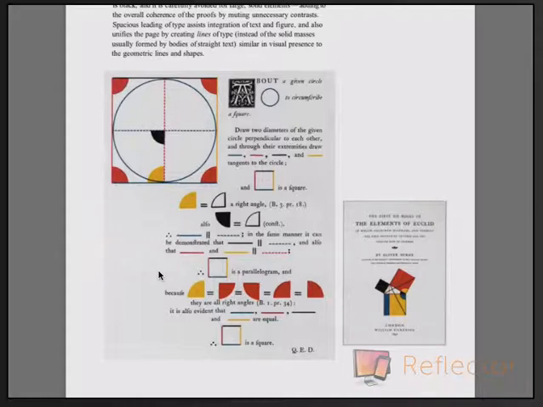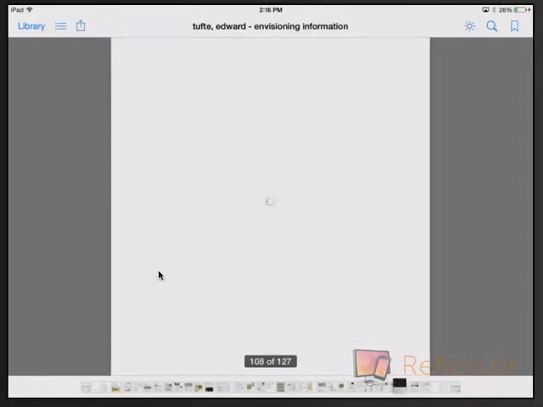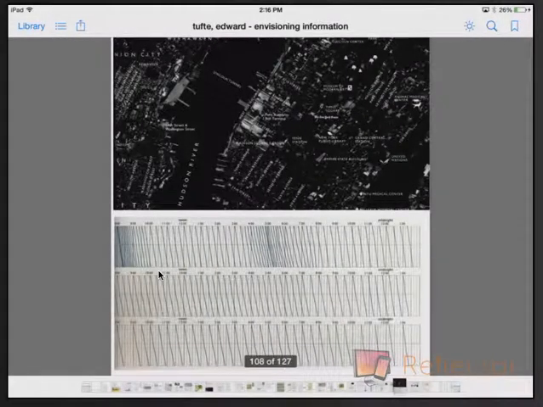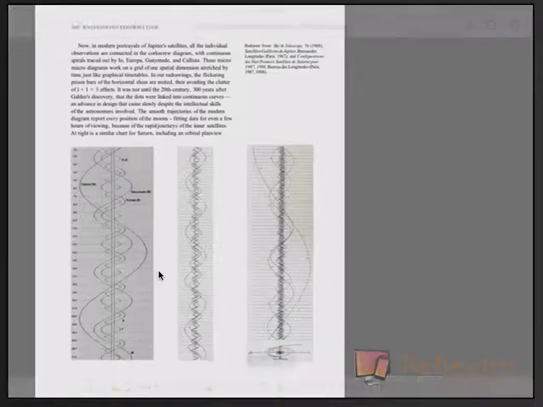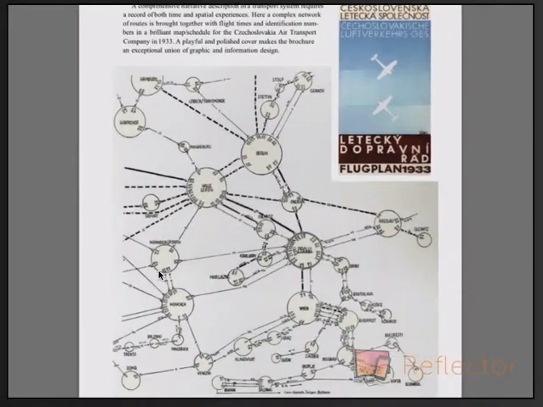The last chapter was on using displays for space and time. And I thought this was a great example. This is from the Czechoslovakian Air Transport Company, and each circle represents a hub. Then you can see the flight patterns across the hubs.